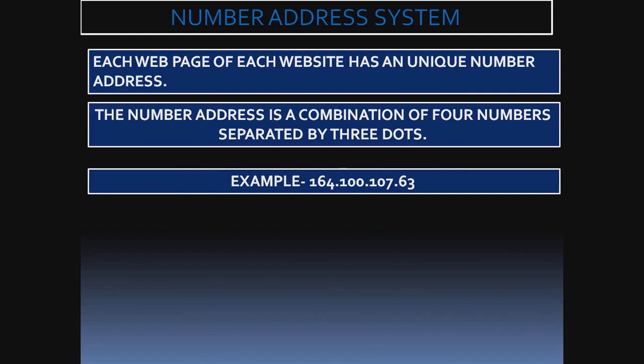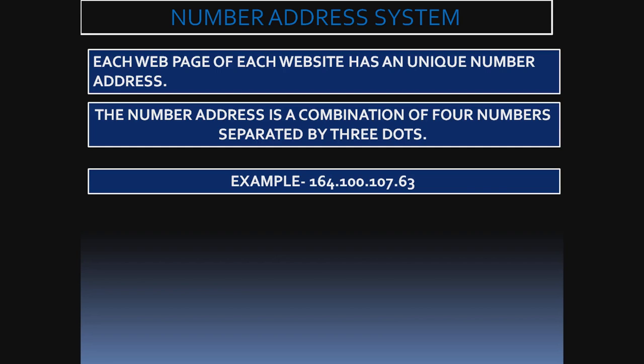But it is very hard to remember such numbers. Therefore, the domain name system was devised, because if we had to remember numbers for each and every website, and the world contains crores and crores of websites, it would be very hard to remember these numbers. So with number addressing system, we do have the domain name system, which is also known as letter addressing system, where alphabets are used.